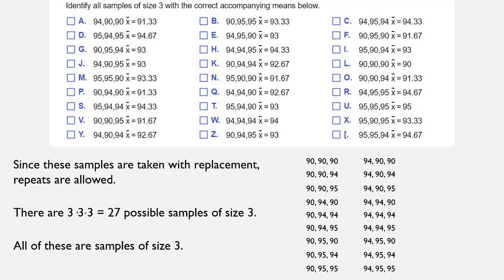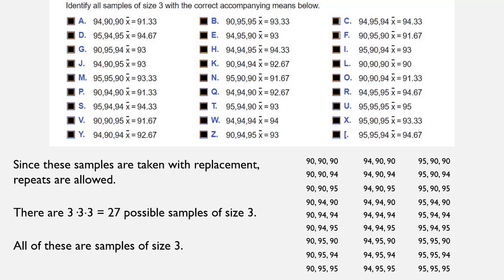These are the 9 samples that begin with 94. And then these are the 9 samples that begin with 95. Once you have those, you can find their means by adding the 3 numbers together and dividing by 3. And all of those sample means are correct. So what do I click? I click everything because all 27 of those are the values that we're looking for. So let's move on to the next part.